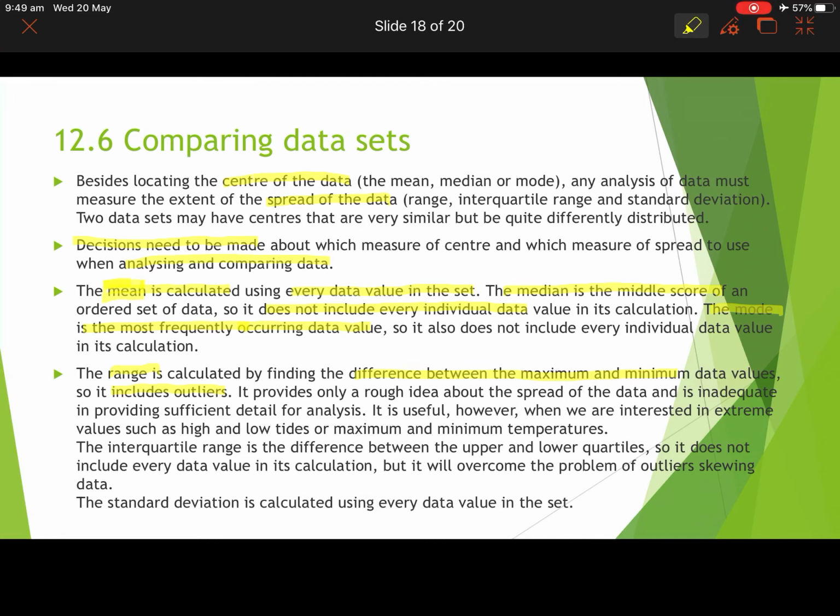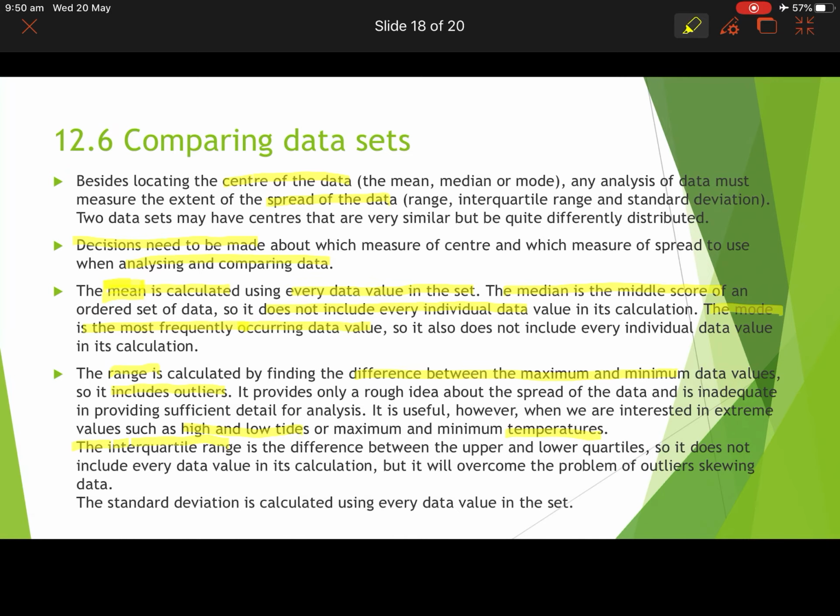It provides only a rough idea about the spread of the data and is inadequate in providing sufficient detail, so we don't really use range that often. It is useful when we're interested in extreme values. For example, for temperatures or high and low tides, it's important to find the range, the highest and lowest.